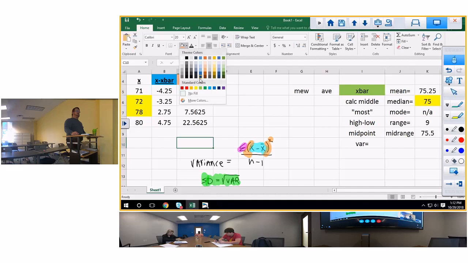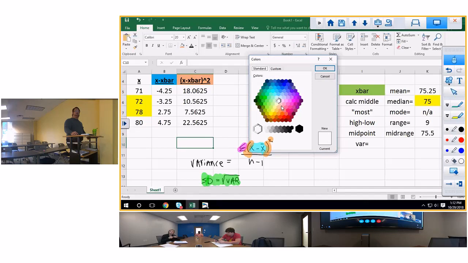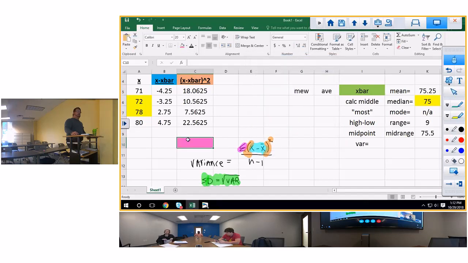That's what it means. So equals the summation of those 4 numbers. And I've just found the numerator for my variance.